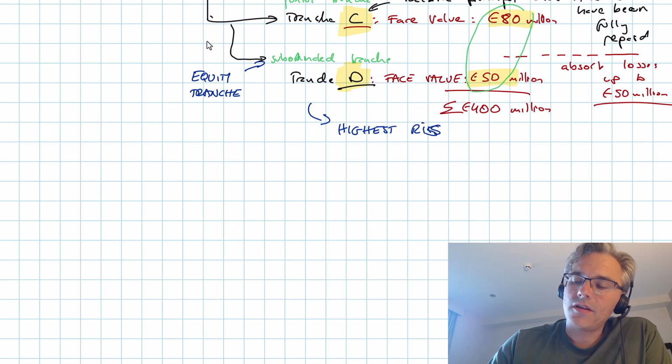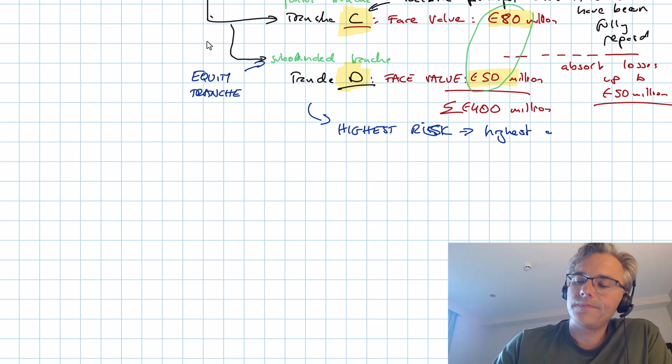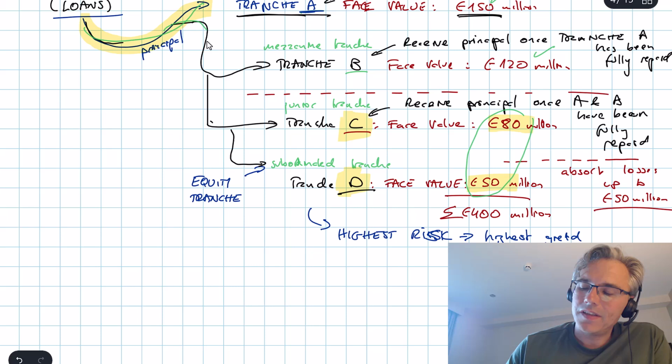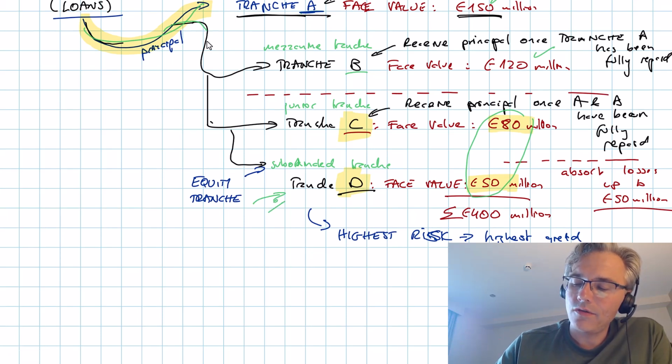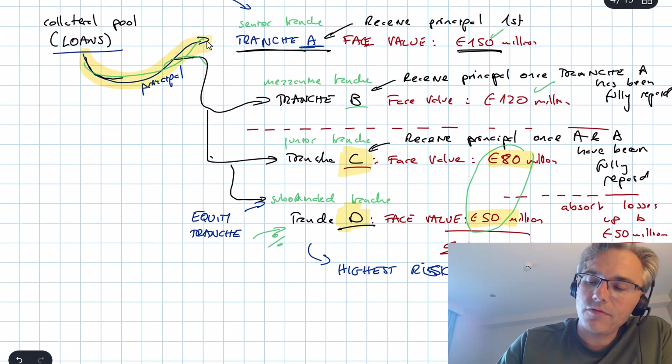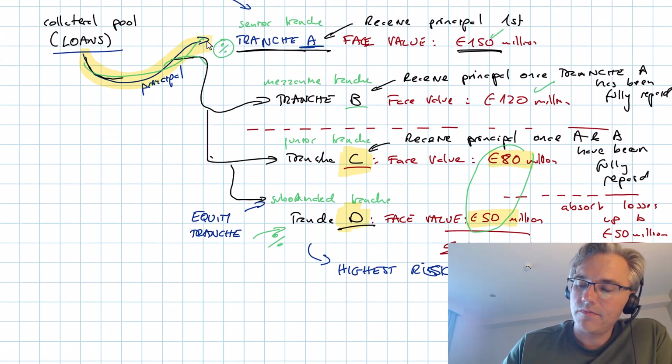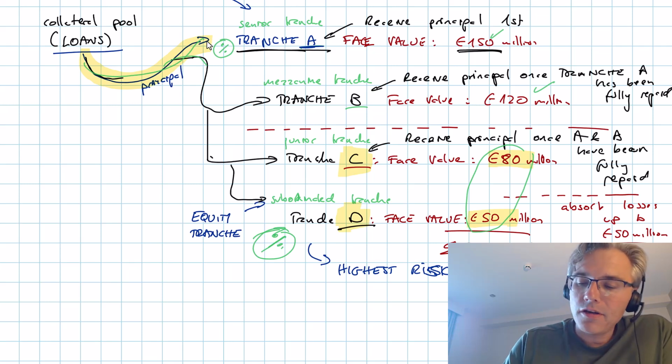Because tranche D faces the highest level of risk of them all, they will also be offered the highest yield. So of course these guys will definitely be getting more interest on their investment than, for example, tranche A investors. I wanted to make this percentage sign bigger, because up here you've got the loans, and they don't just pay principal, they also pay interest.